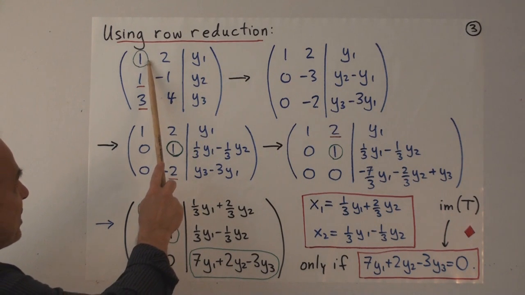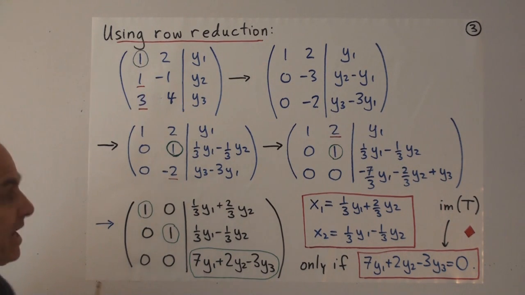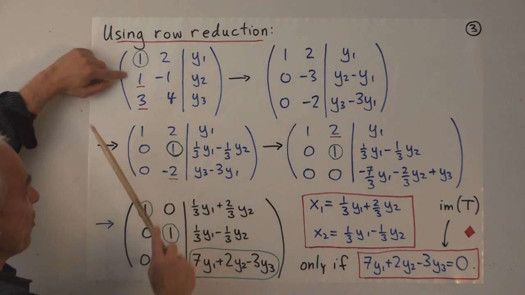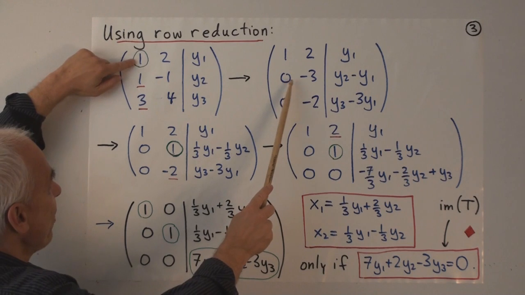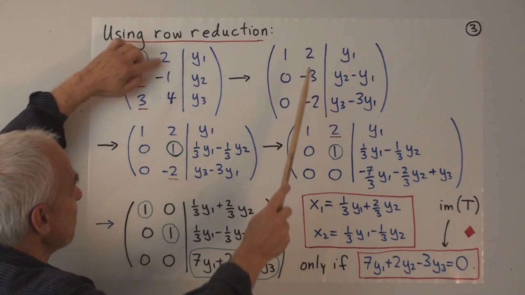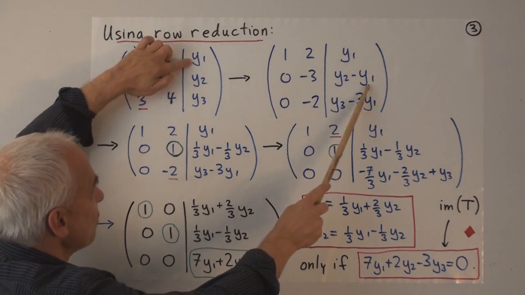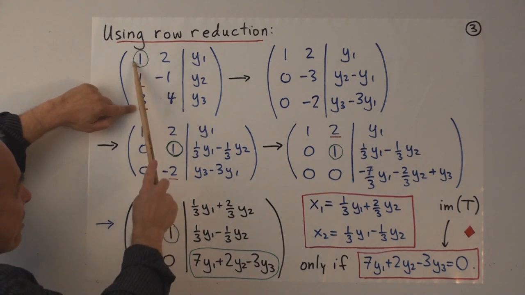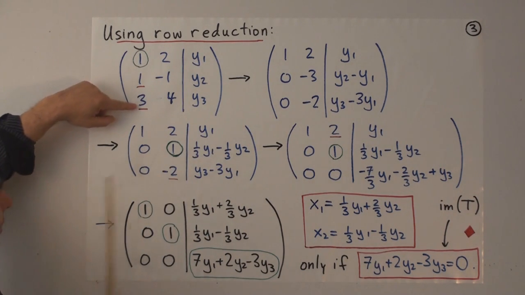First thing we'll do is use this top leading entry to eliminate the two entries below it. So we'll take row 2 and subtract row 1. 1 minus 1 is 0. Minus 1 minus 2 is minus 3. y2 minus y1. And we'll take this row here and subtract 3 times row 1.